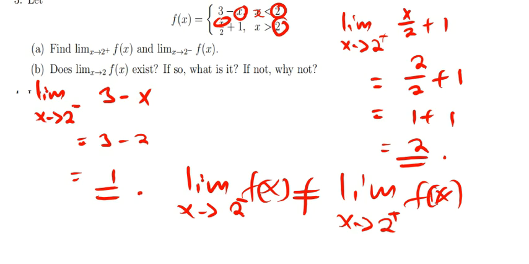So this limit doesn't exist. Unless these two were the same, then you would have concluded that the limit exists. So that is part 3.